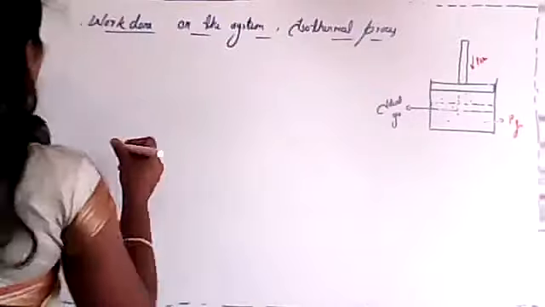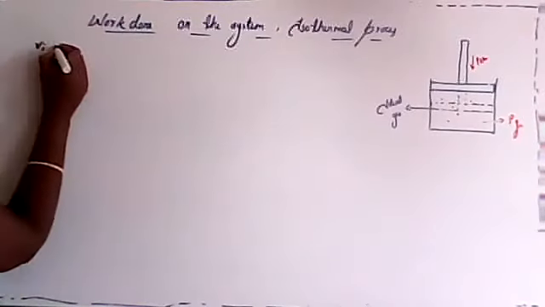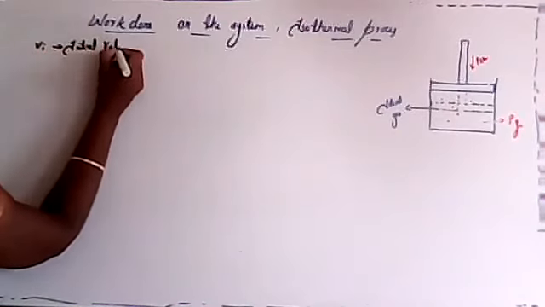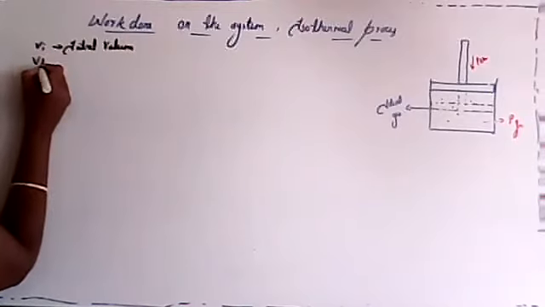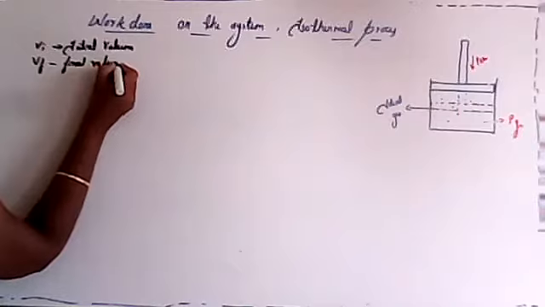First one, initial volume, we consider it as VI. What is VF, student? It is final volume. Is it clear?